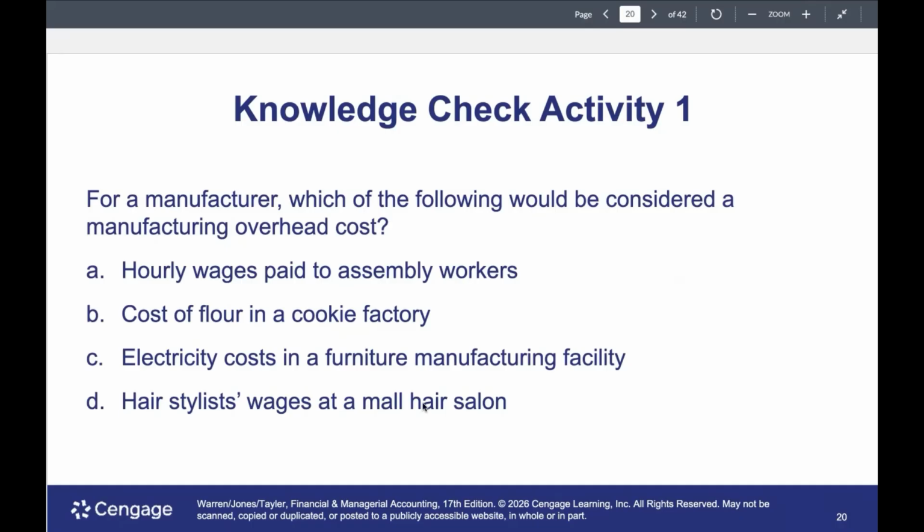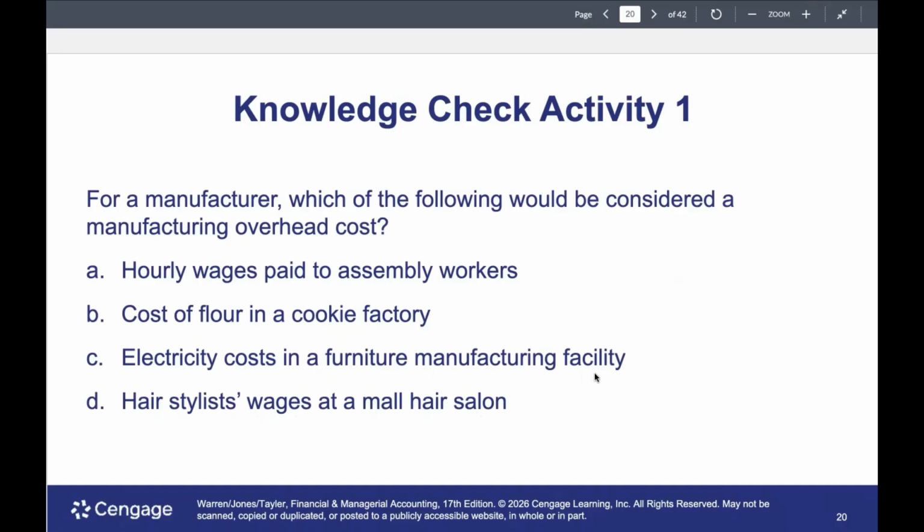Hairstylist wages at a mall hair salon. A hair salon needs hairstylists, so the hairstylist wages will be direct labor. You see, they threw in a service business here, right? So that leaves the only answer to be C, electricity cost in a furniture manufacturing facility.